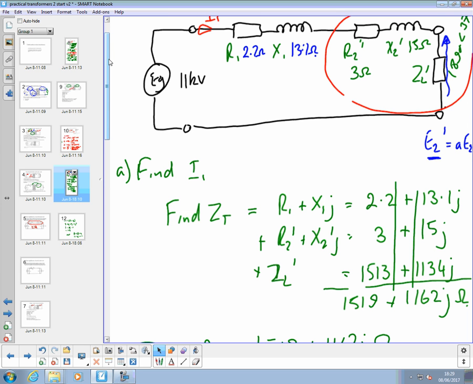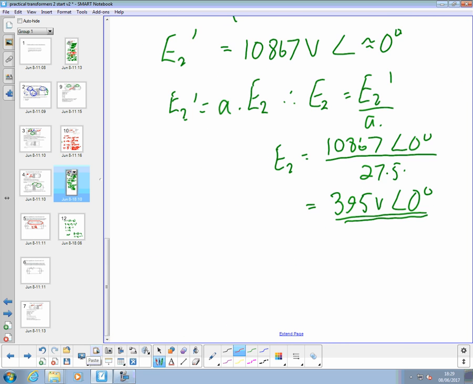The next part of the question says, right, determine the current flowing in the load. Okay, now we know that I1, or I2 dash, is equal to I1 and then transfer it back over, or we could use that voltage with the load to find the secondary current.